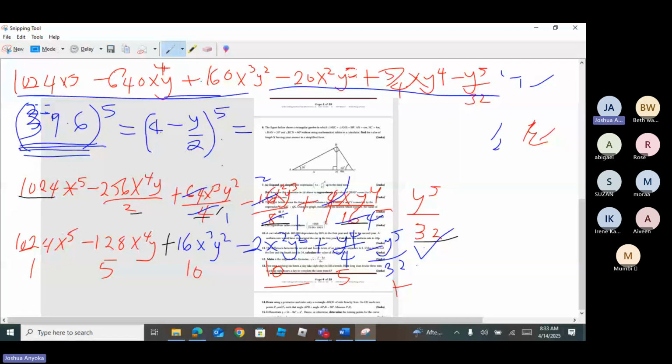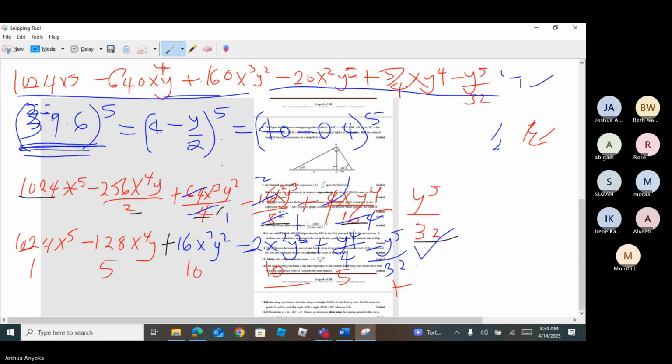So for my case, I want us to express 39.6 as 40 minus 0.4, raised to power 5. Will this one give us that 39.6? 40 minus 0.4, what do you get?